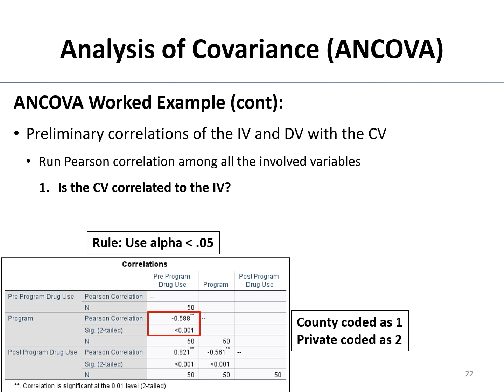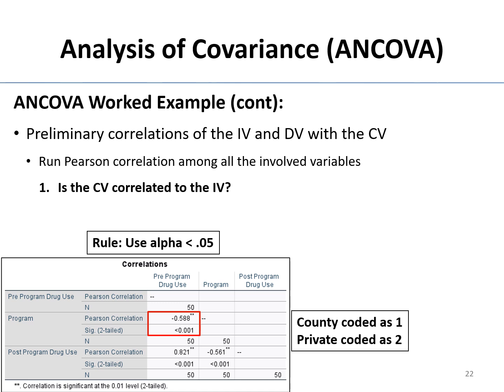Well, we know that negative correlations mean that as one variable goes up, the other one tends to go down. So as program goes up, baseline drug use tended to go down. What does going up on program mean? Well, program can only have two levels. You're either a 1 or you're a 2. So to be going up on program means you're 2, which means you're private.